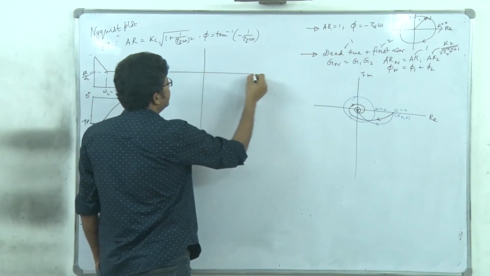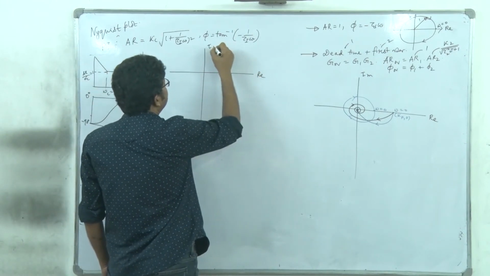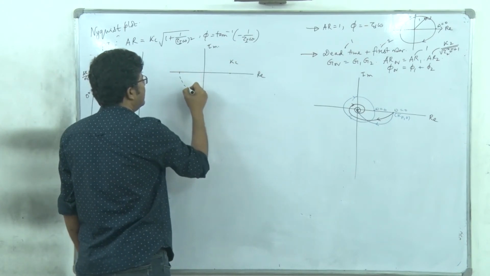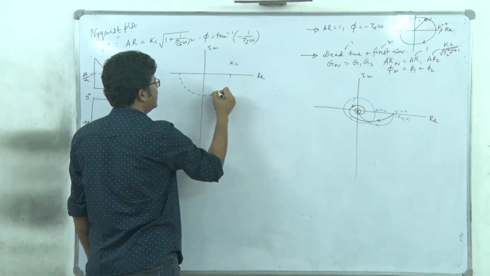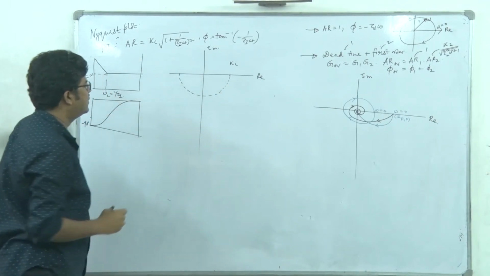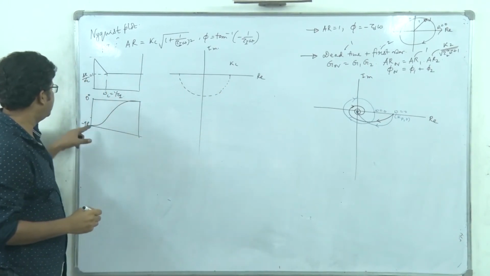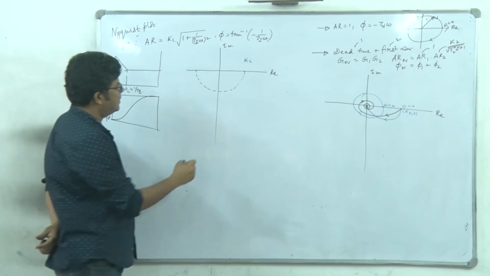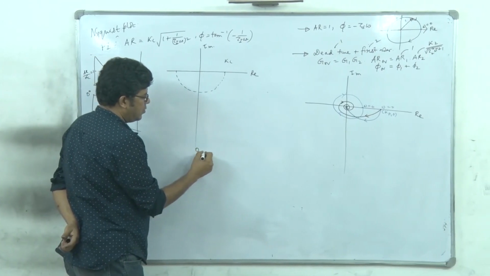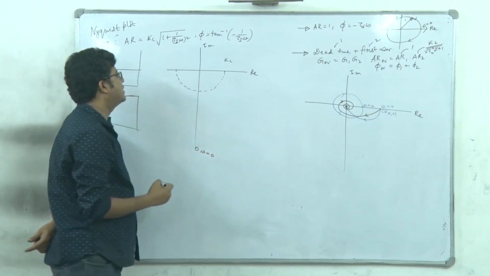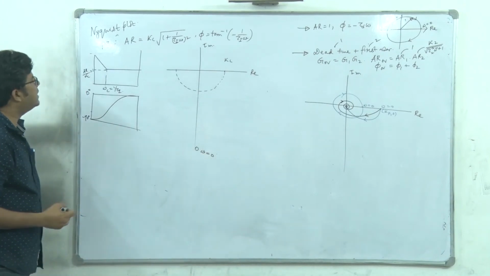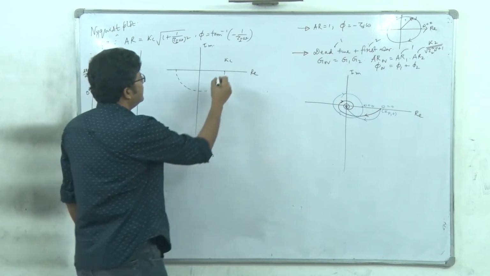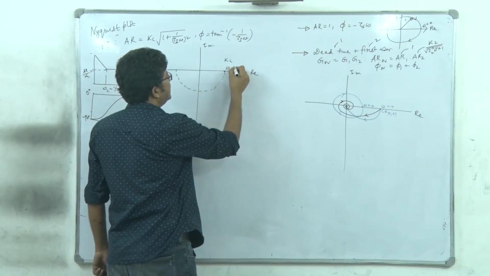So this is the real axis, this is the imaginary axis, and let's say this is Kc, so let's draw a circle. We will see what is the utility of the circle. Right. So initial position, phi minus 90, AR by Kc infinity. So somewhere here, omega equal to 0. Right. And omega tending to infinity, AR equal to Kc and phi equal to 0. So this point is omega tending to infinity.